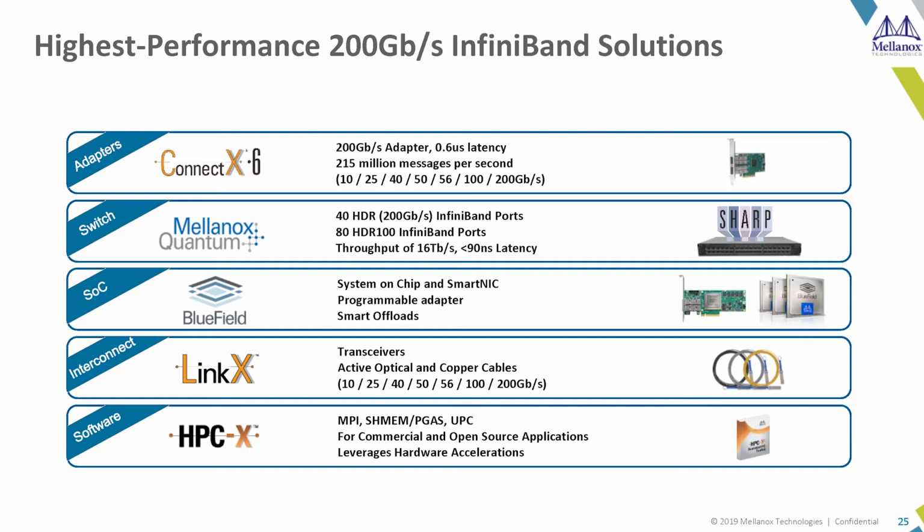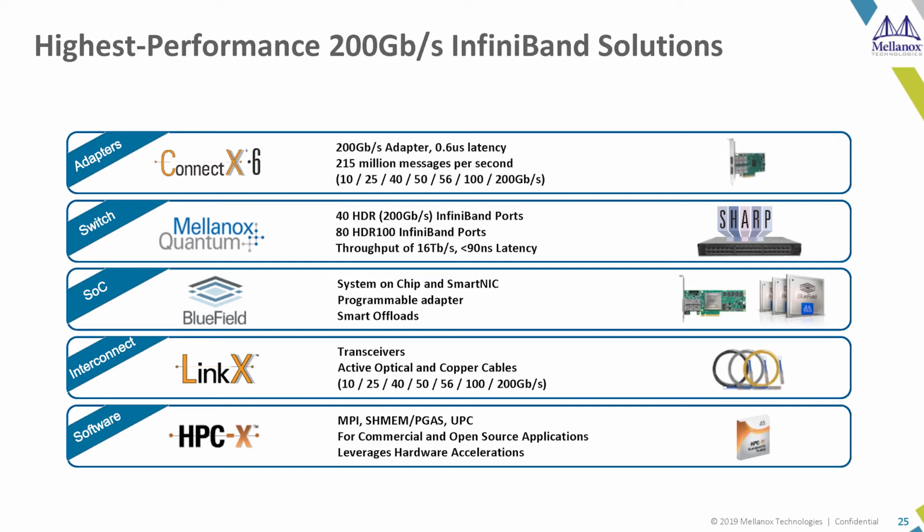So ConnectX-6. The technology as a whole runs at 200 gigabits per second. The latency for this device is 0.6 microseconds, so no change from ConnectX-5. Slight increase in message rate to 215 million messages per second from 200 that existed at ConnectX-5.